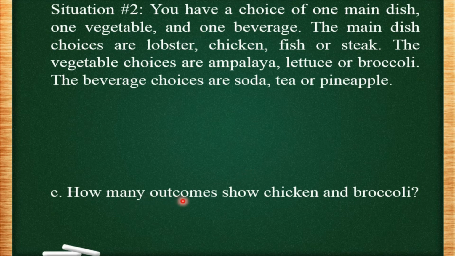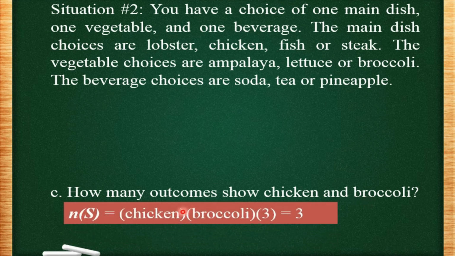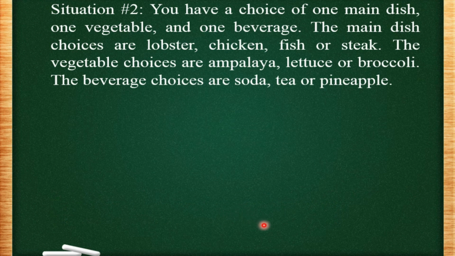How many outcomes show chicken and broccoli? So, like in number 2, you have identified the main dish and the vegetable. But you have 3 beverage choices. So that is 1 times 1 times 3 is equal to 3. So that is how you're going to determine the number of combinations depending on what is given.